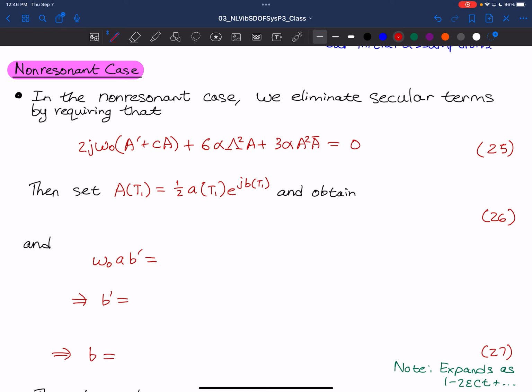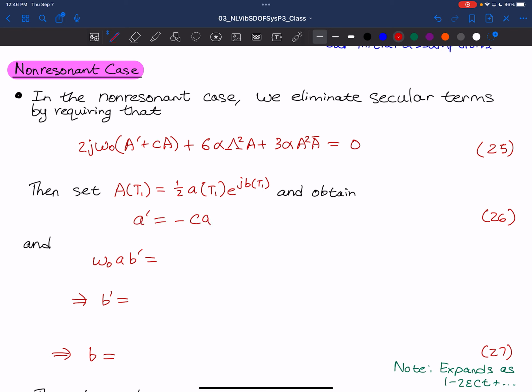From there, we're going to expand capital A into a polar form with a real positive amplitude and a real phase. And in that case, we're going to end up obtaining the following. First, we'll obtain that a prime is equal to minus ca.